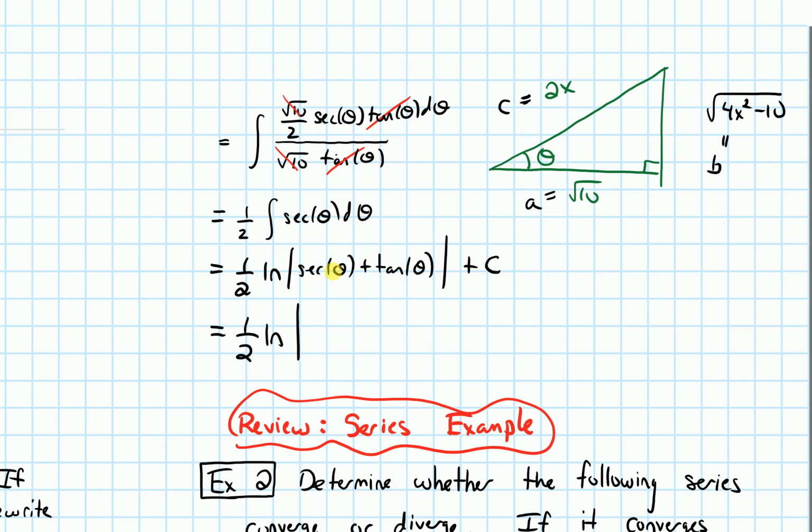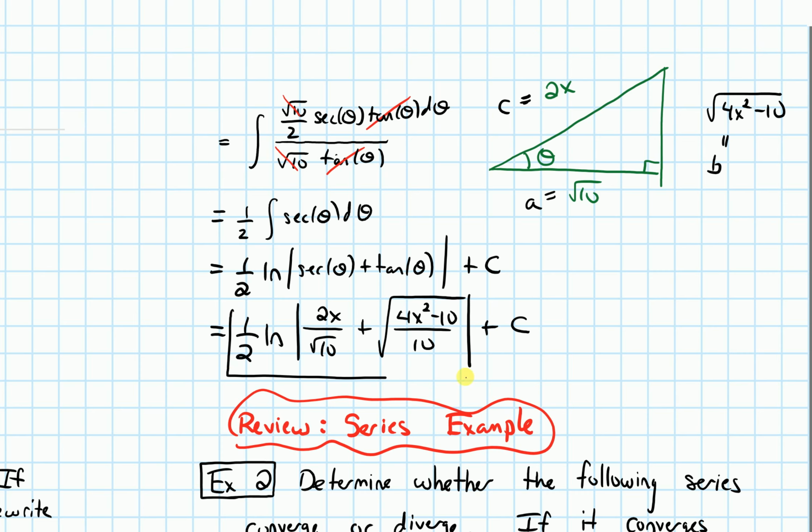And from my triangle, I can see that secant of theta is going to be 2x over square root of 10. And tangent of theta is going to be square root of 4x squared minus 10 over square root of 10. So in fact, I can actually make that one big square root and put the 10 underneath, because both the numerator and the denominator have a square root. Oops, ln, cool. And that is our answer.